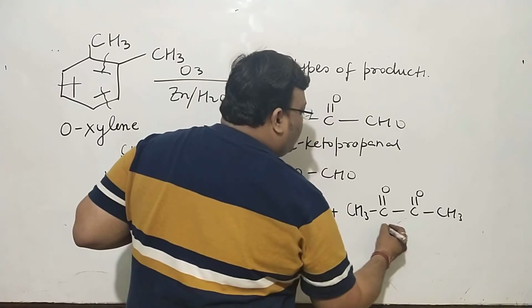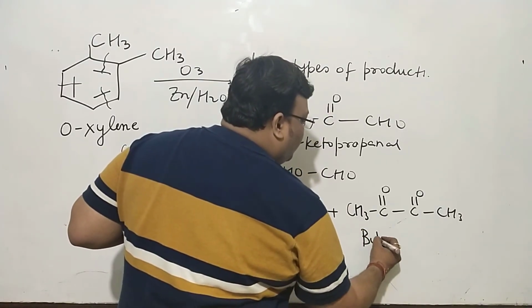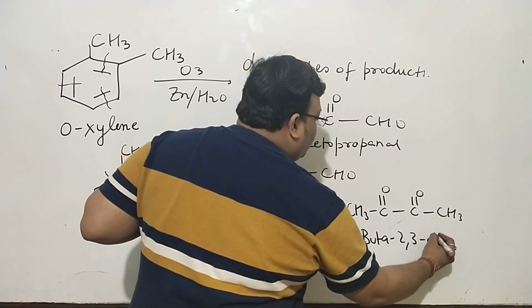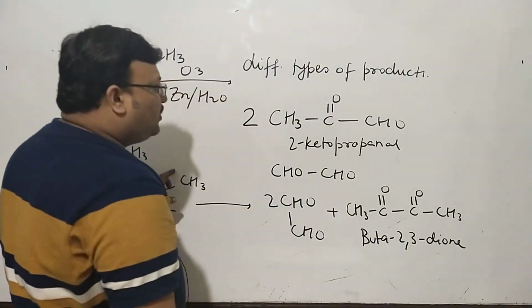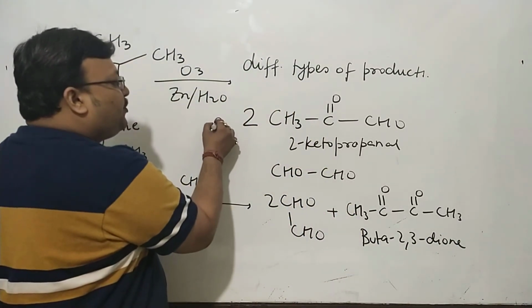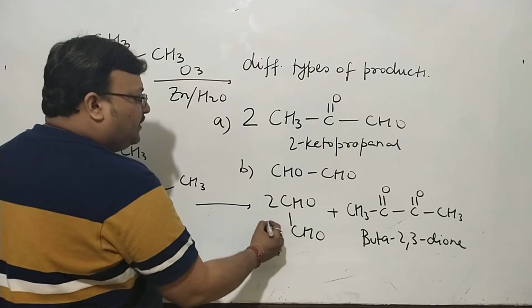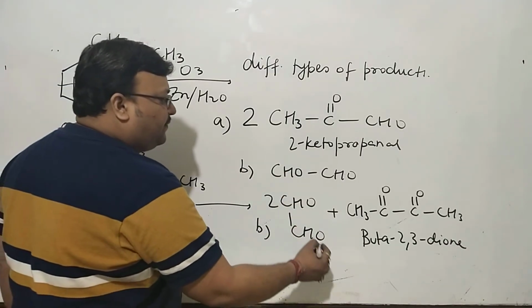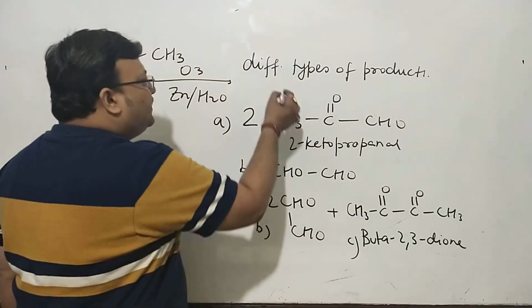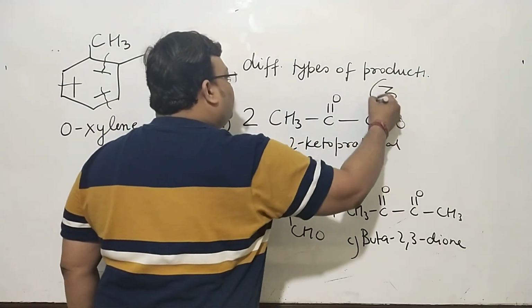I might call it butane-2,3-dione, and naturally thus the number of possible products is A, B, this is also B because these 2 are same, and C, and the answer to this question is not 2 but 3.